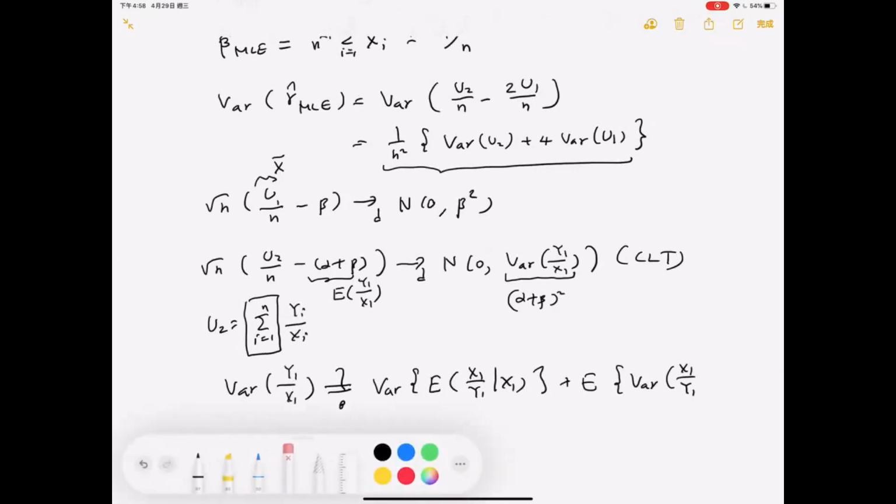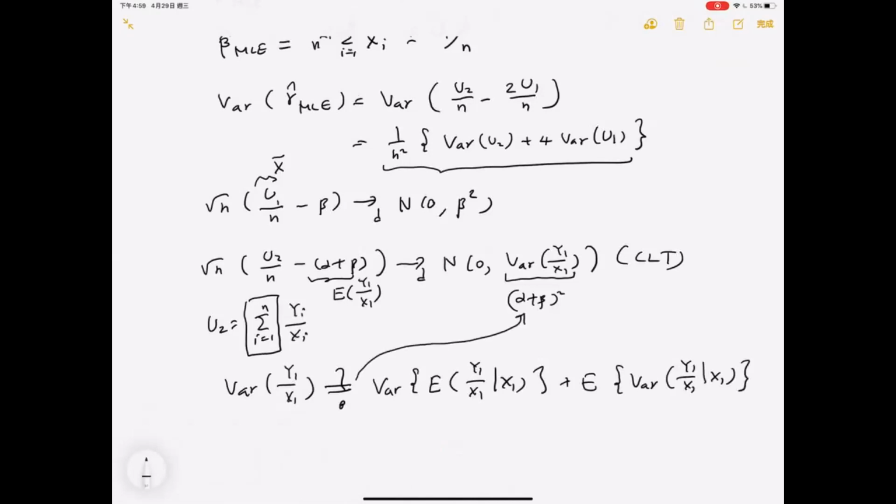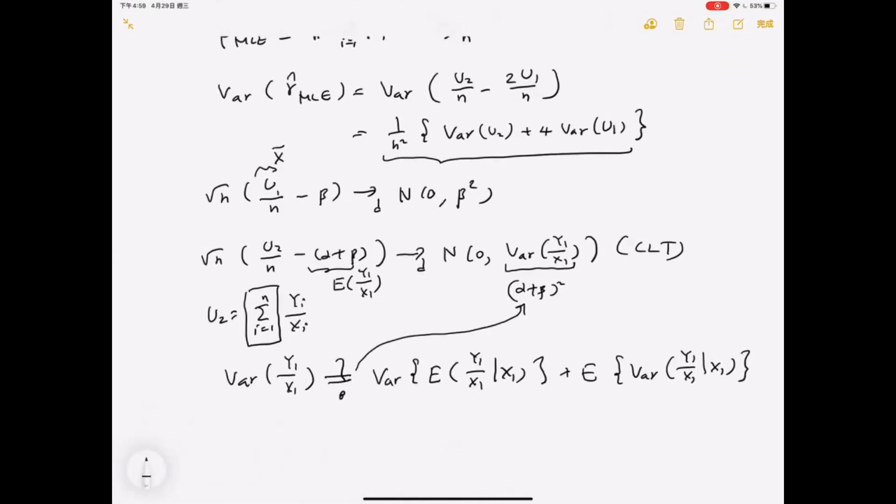Everything switches up. Using that, eventually you will see this guy equals alpha plus beta squared.